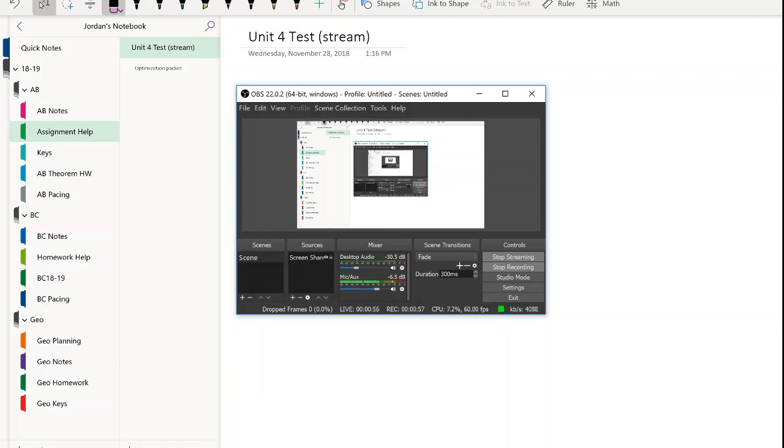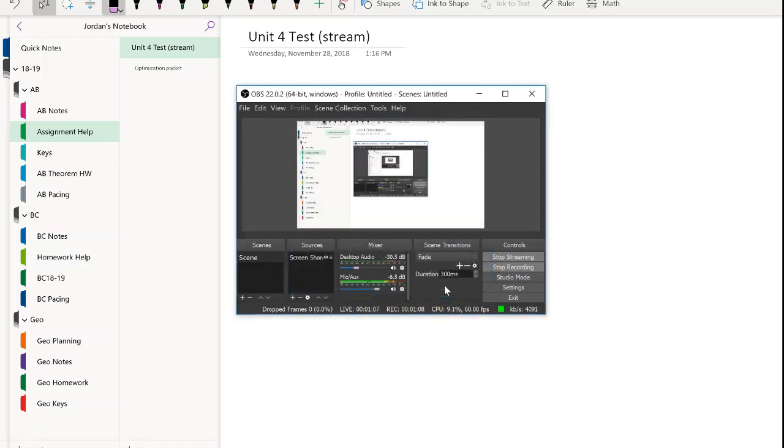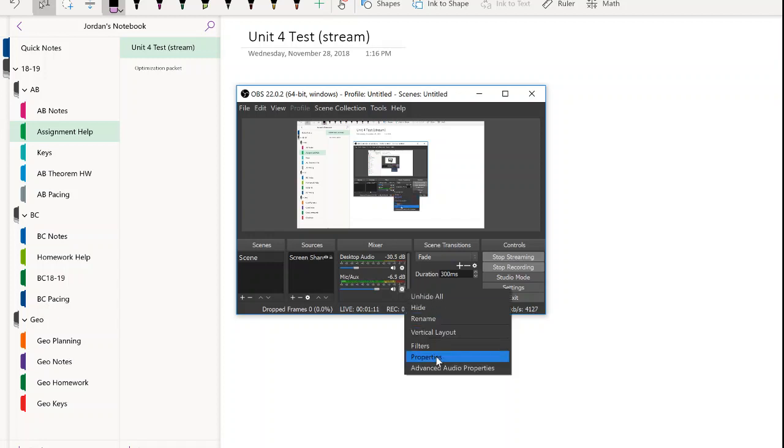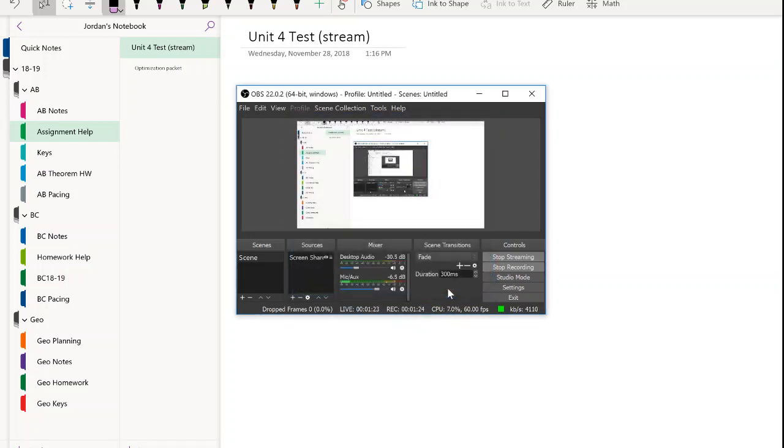Going to switch this mic output real quick to see what it changes to. Do you pick up anything? You still do, so that's a little bit weird.